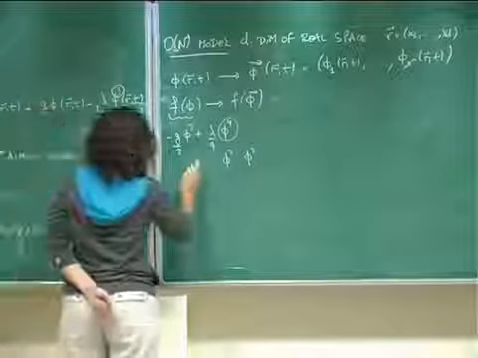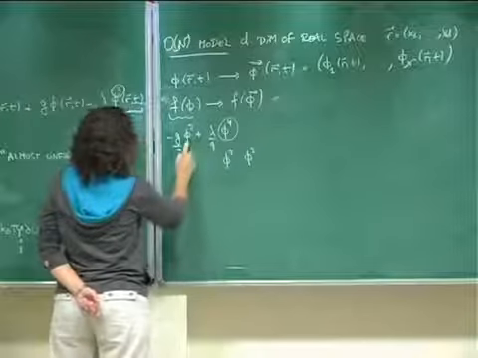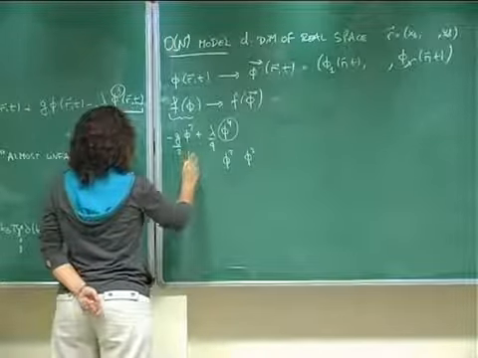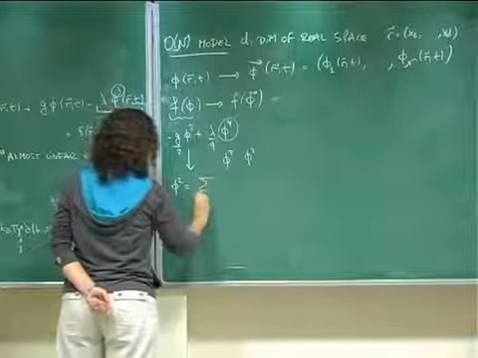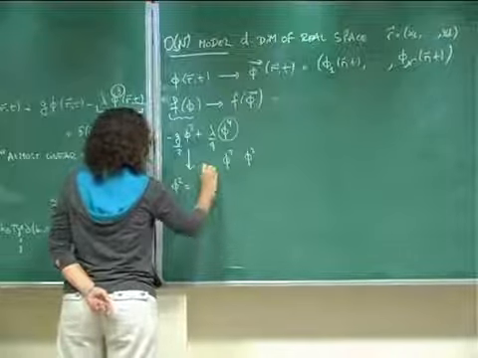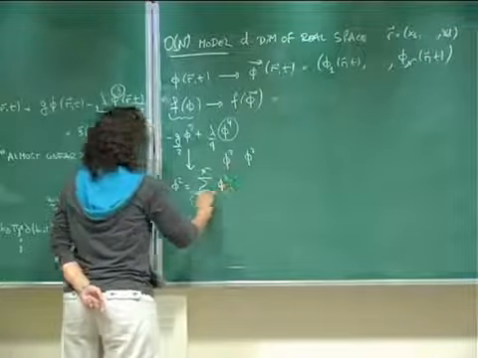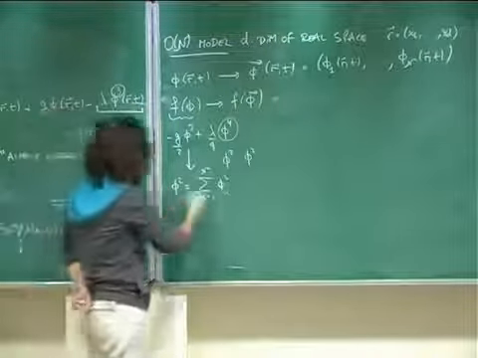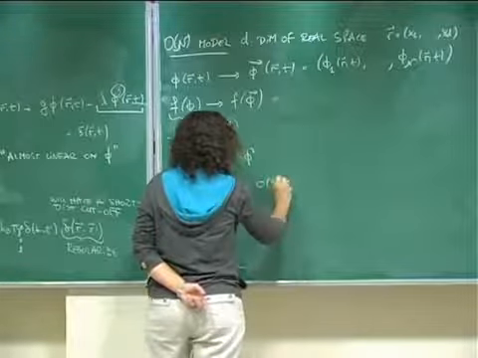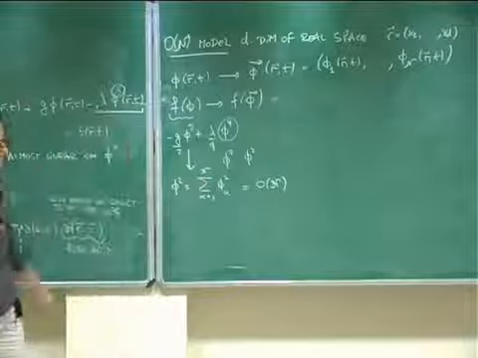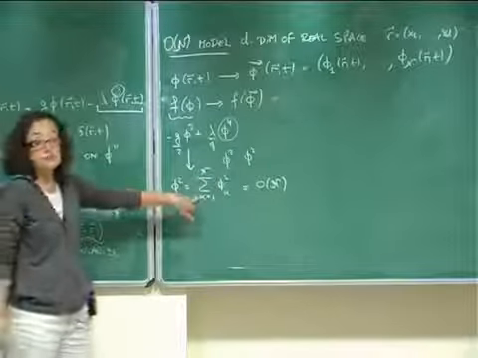If I think about having upgraded the field to now be a vector, this phi squared will become something like the sum over the components from 1 to n of phi alpha squared. So it's something that I can imagine will be order n. There are n terms in this sum, n positive terms.